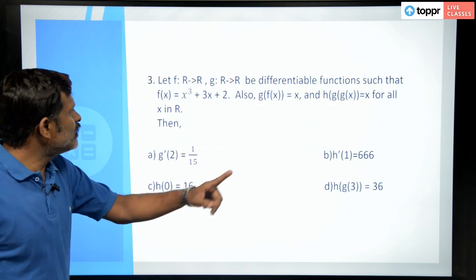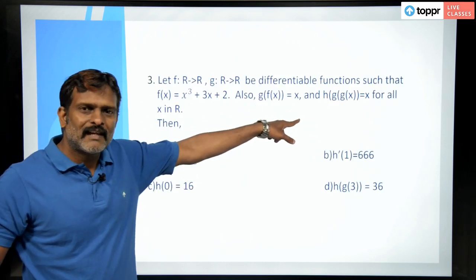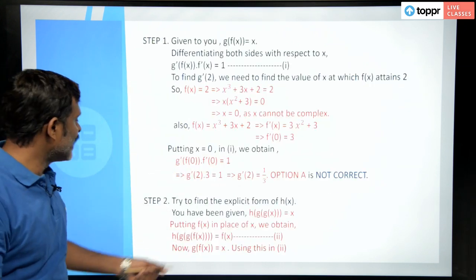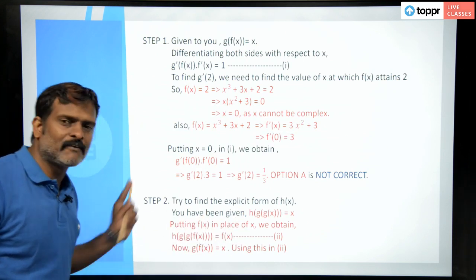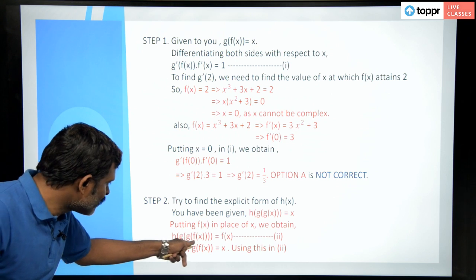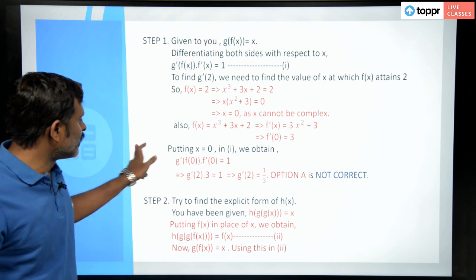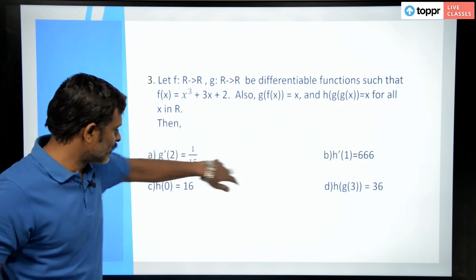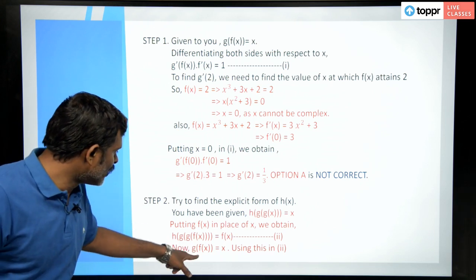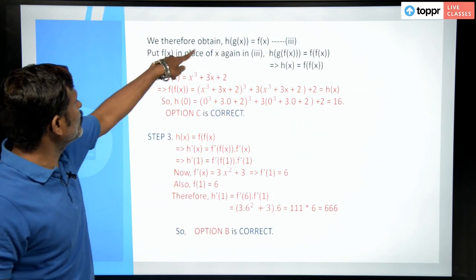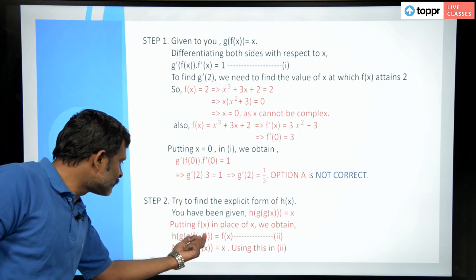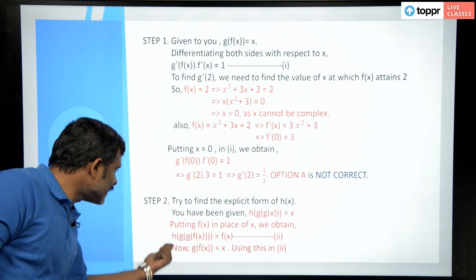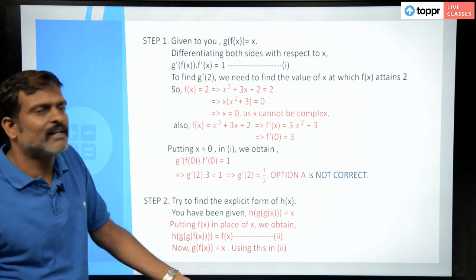Now, g of f of x is what? X. That is the reason I am replacing x with f of x. G of f of x will become simply x for me. So, h of g of f of x will be simply x, and h of g of x will come for me.